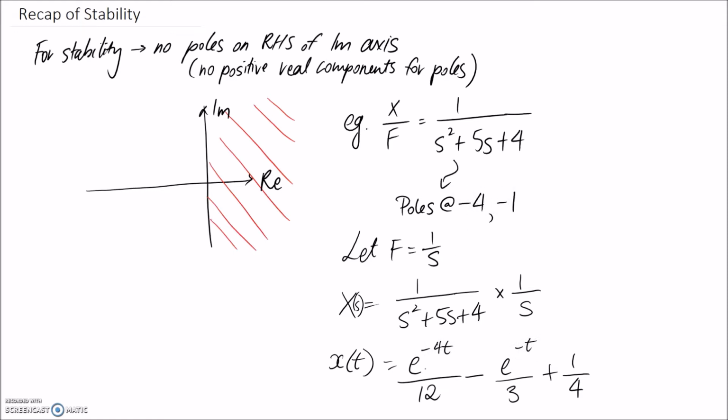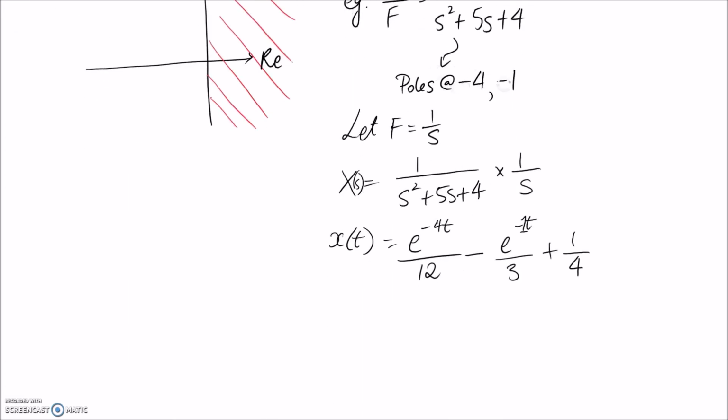So -4 is -4 here, -1 is like -1 here as well. Since we have negative poles, what we've ended up with here is negative exponentials.